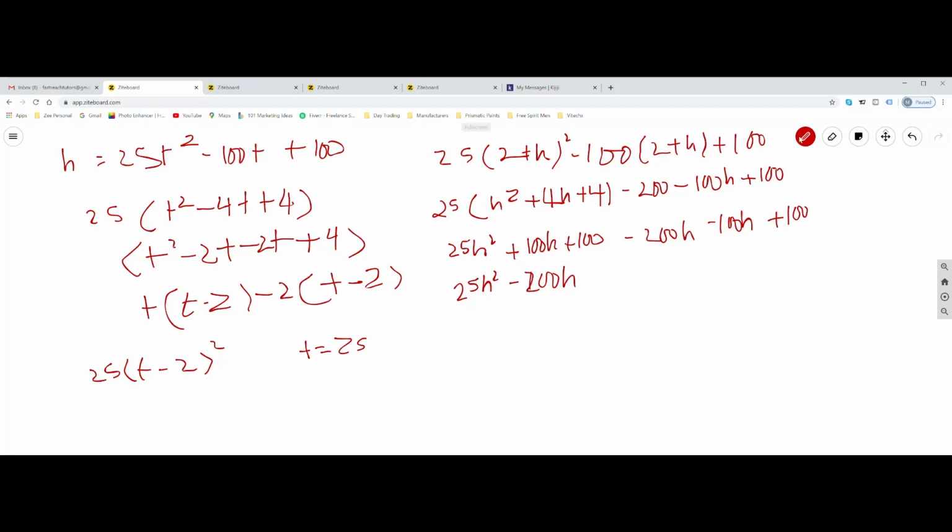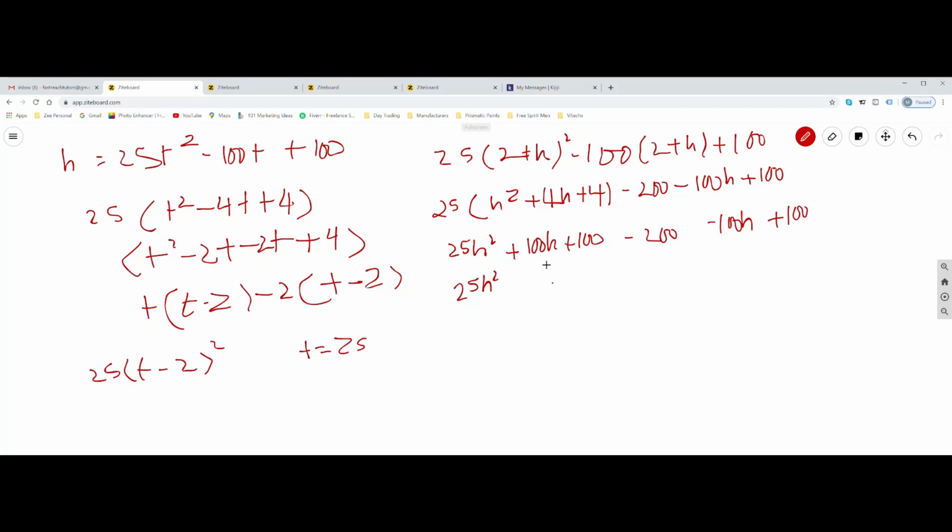Well, I wrote this entirely wrong. Minus 100, it's just 200. I don't know how I got an h. So this 100 plus minus 100 is 0.